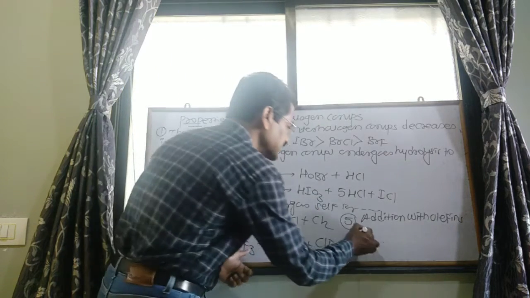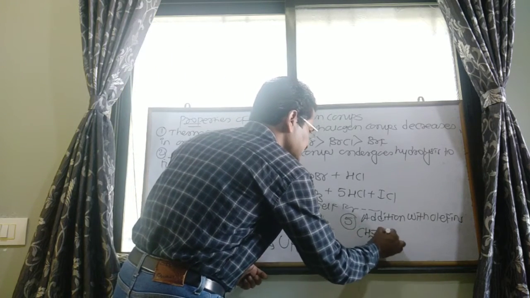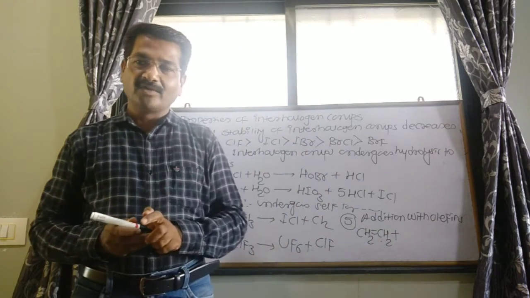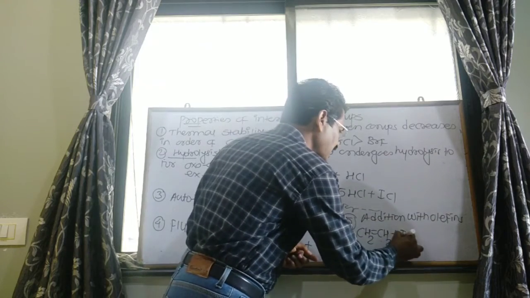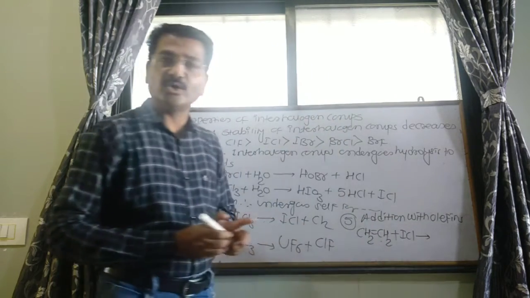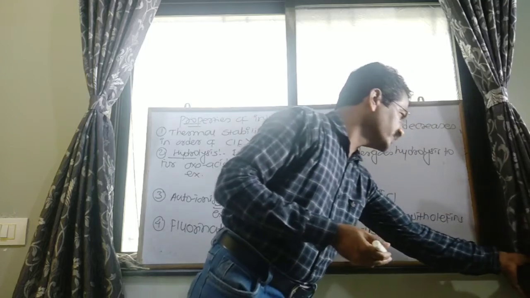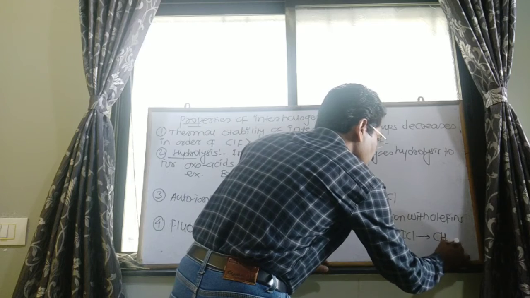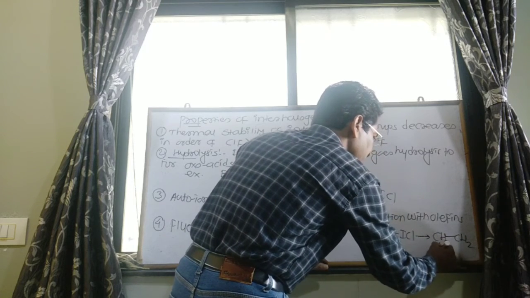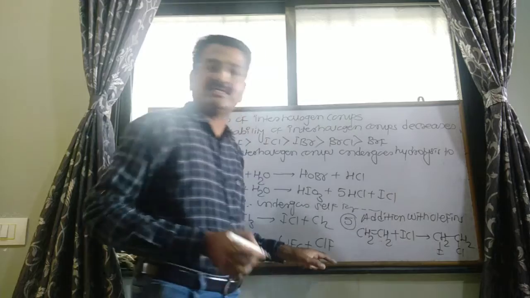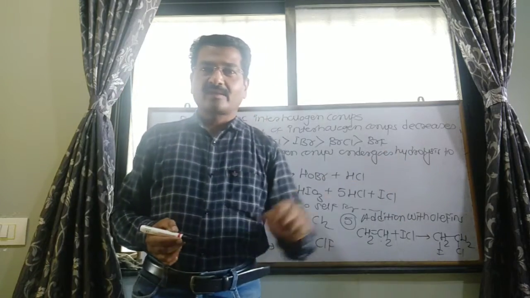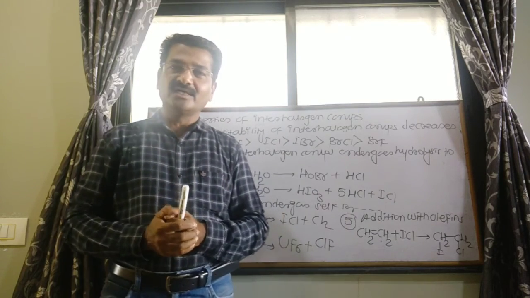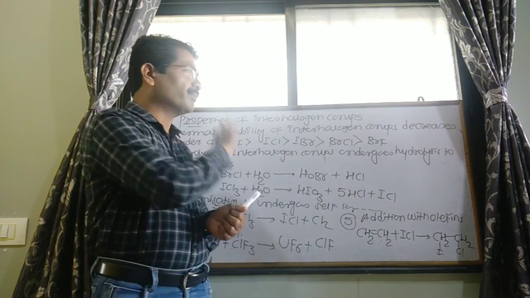For example, CH2 double bond CH2, that is ethene or ethylene, an example of an olefin, can react with ICl, iodine chloride. Then the double bond breaks to form CH2 single bond CH2, with iodine attached on one side and chlorine on the other. So this is the addition of interhalogen compounds with olefins. Okay, so these are the properties of interhalogen compounds.